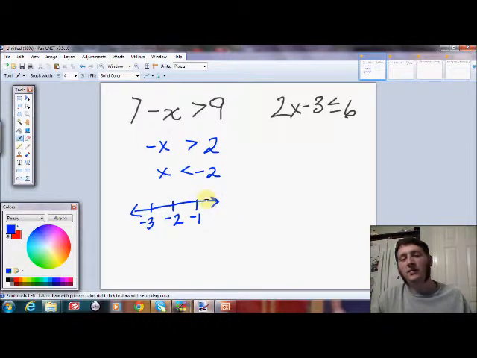But what if the numbers you're using are really far away from 0, like 713? I don't want to see 713 tick marks. So you either have to get creative with your scaling or just show me part. And this would be an open endpoint, and it would point to the left. So there's the number line graph.